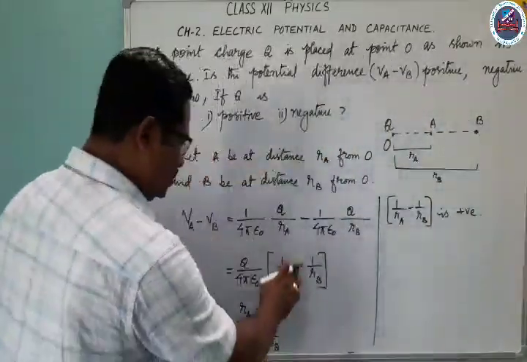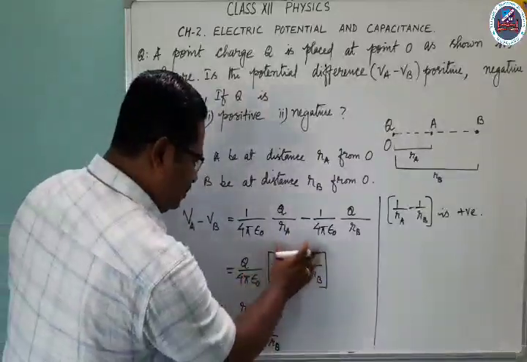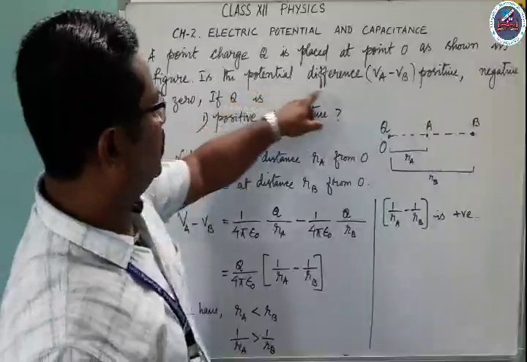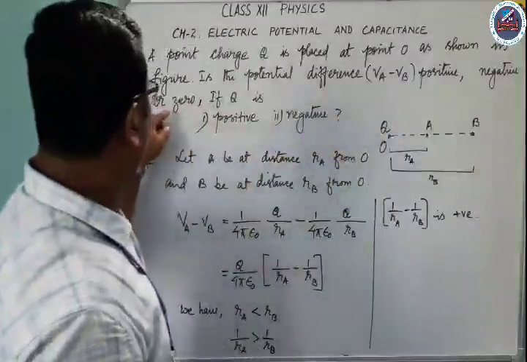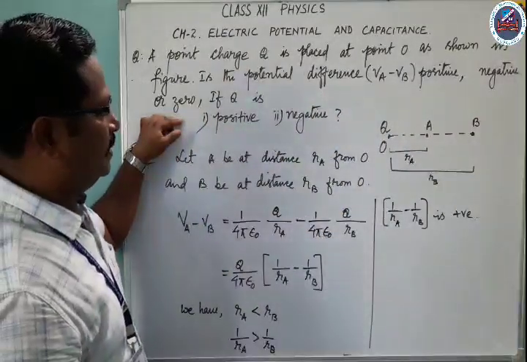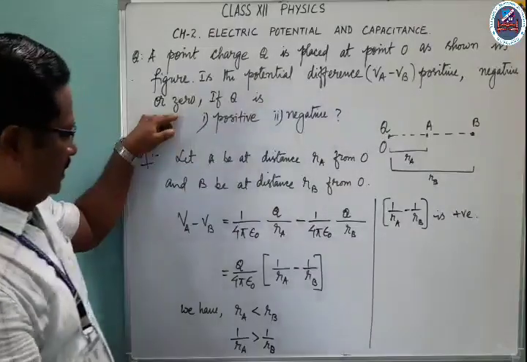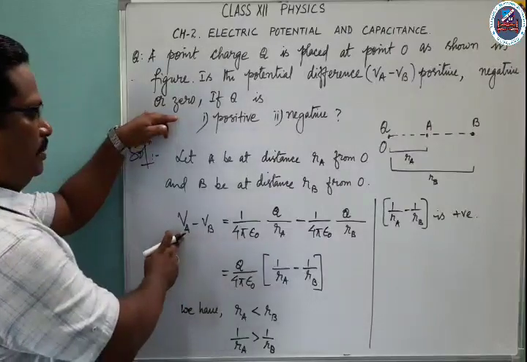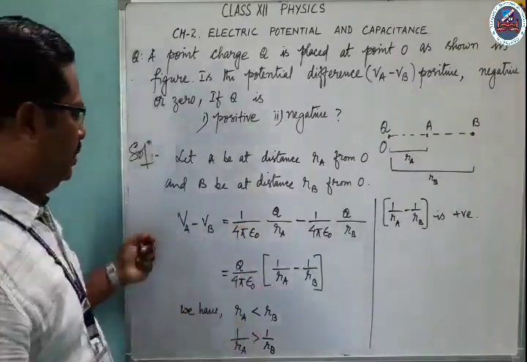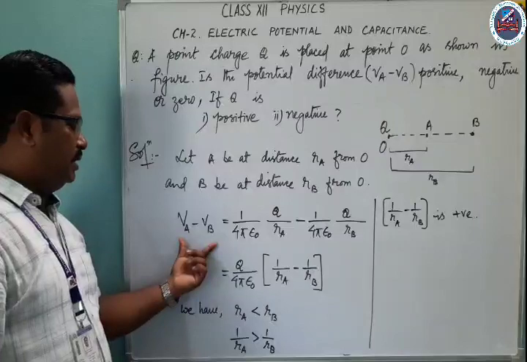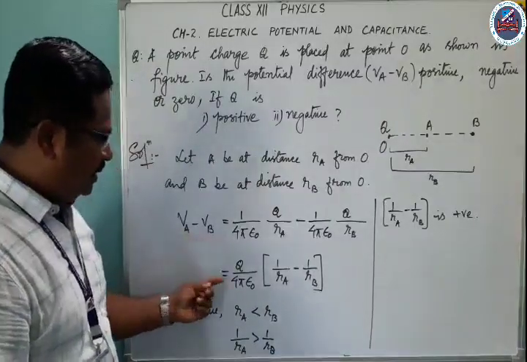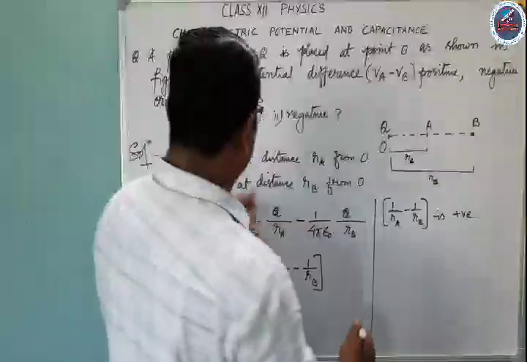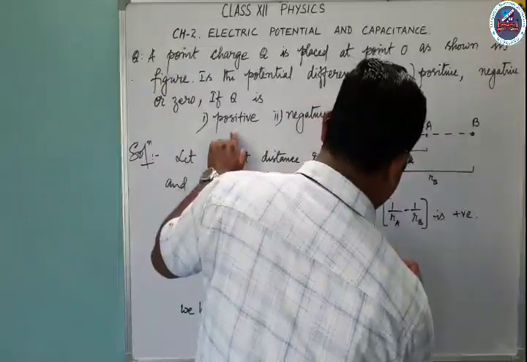Now as this is positive, this bracket term will not decide whether the potential difference is positive, negative, or 0. Who will decide is this Q. Q will decide whether this VA minus VB is positive, negative, or 0. If VA minus VB is to be positive, then Q must be positive, that is greater than 0. So one by one you can give the answer here.